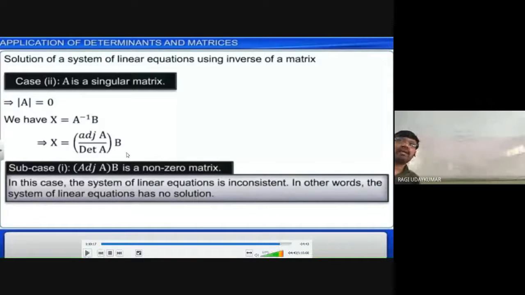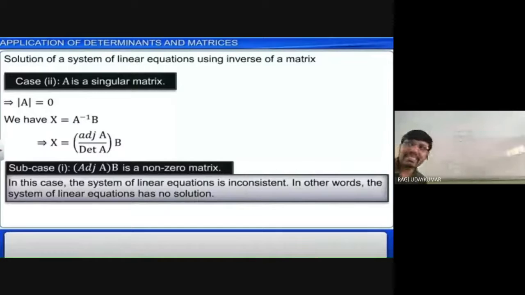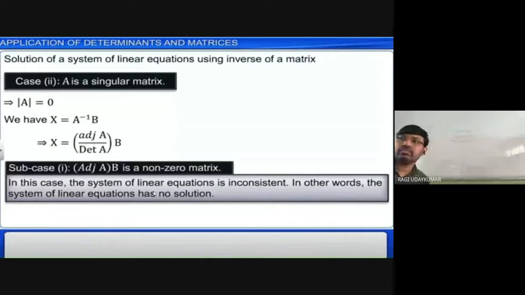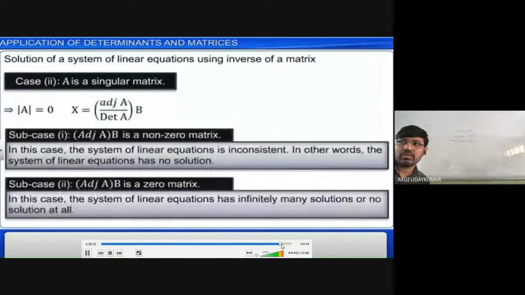So, if it is a singular matrix, inconsistent; if it is a non-singular matrix, consistent. The system of equations being inconsistent means there is no solution in that situation. Okay.